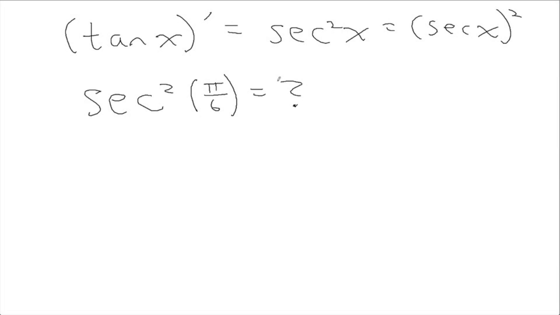Talk me through how you would do this problem. Okay. So secant of x equals 1 over cosine of x. So secant squared of x is just 1 divided by the cosine of pi divided by 6, all that's, well, the bottom half of the fraction squared.